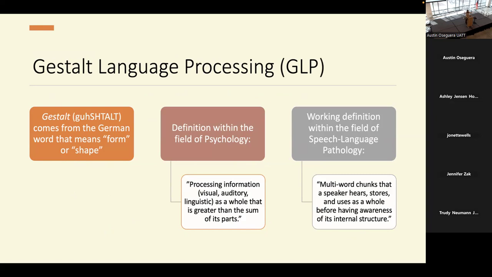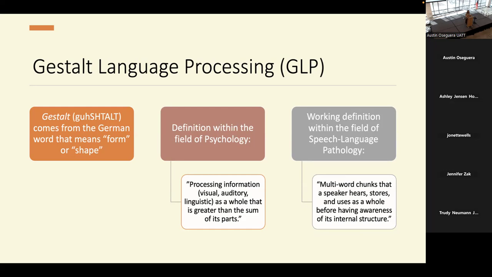The definition within the field of psychology is that it is processing information, whether visual, auditory, or linguistic, as a whole that is greater than the sum of its parts. A working definition within speech-language pathology is multi-word chunks that a speaker hears, stores, and uses as a whole before having awareness of its internal structures.